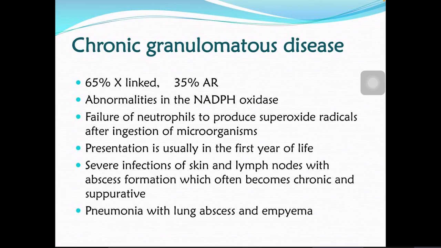Before I go to chronic granulomatous disease, in relation to the neutrophils, you can have another entity called congenital neutropenia, which is also known as Kostmann syndrome, where the number of neutrophils are congenitally very low. There is also another entity known as cyclical neutropenia, where the number of neutrophils in the body tend to go down to low levels over periods of cycles.